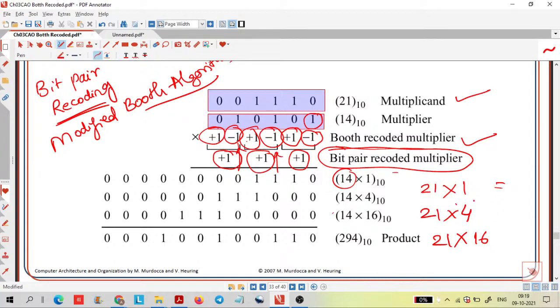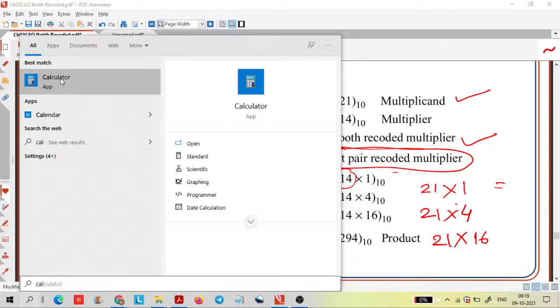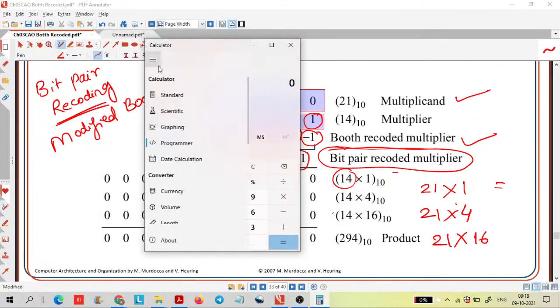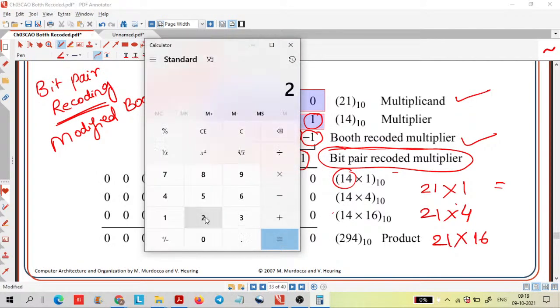So 21 into 14, how much is the multiplication? 21 into 14 is 294.